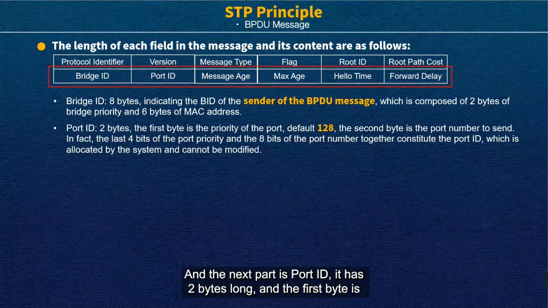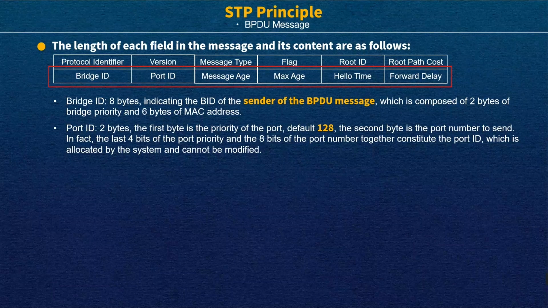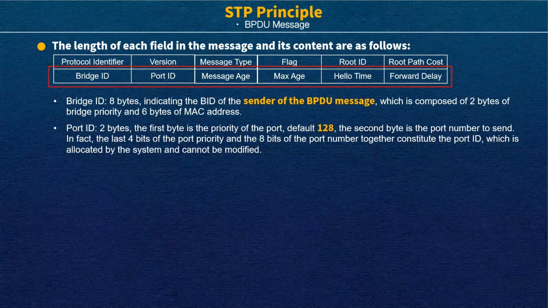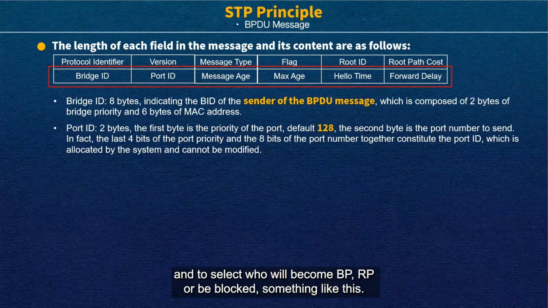And the next part is the port ID. We have 2 bytes long. And the first byte is the priority of the interface. The default value is 128. And the second byte is the port number. About this one, we also compare the priority and the port ID of the interface number, and select who will become the DP, RP, or blocking, something like this.